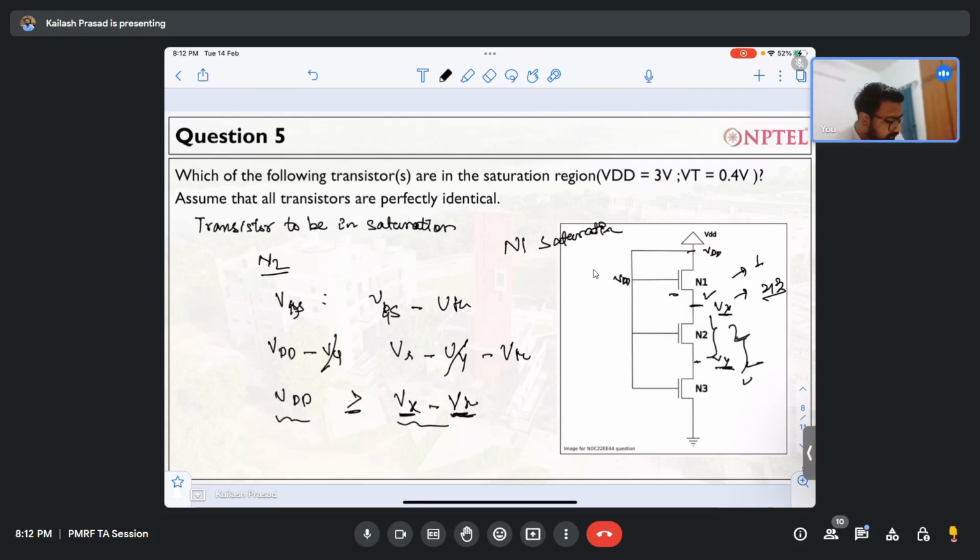And the thing is, the Vy should be at least such that this transistor is on. This transistor is on. So in this particular case, VGS will be your VDD minus Vy, and VDS will be Vx. Okay, I think I have done it the other way around, so that's the reason it is coming incorrect.